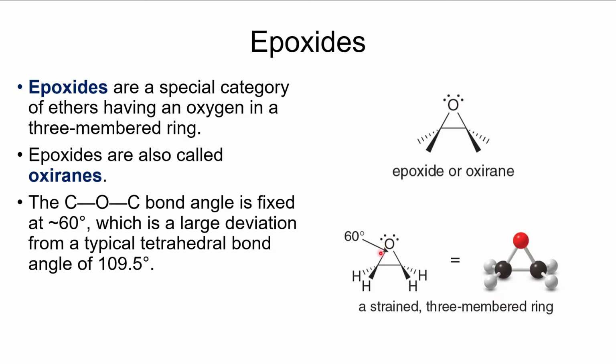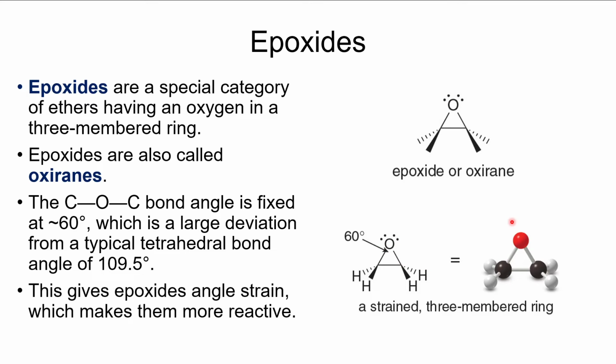That means these are going to be much more reactive than you would expect from just a typical ether. So we can do all kinds of interesting chemistries on these epoxide rings that we can't do on a regular ether molecule. So we'll get into that as we go through this chapter.